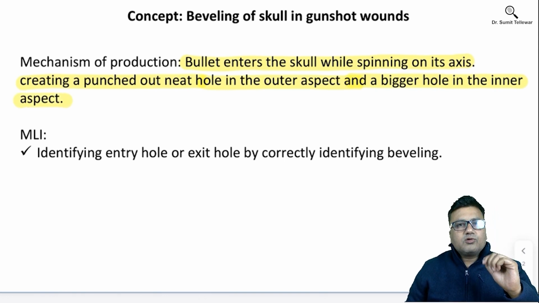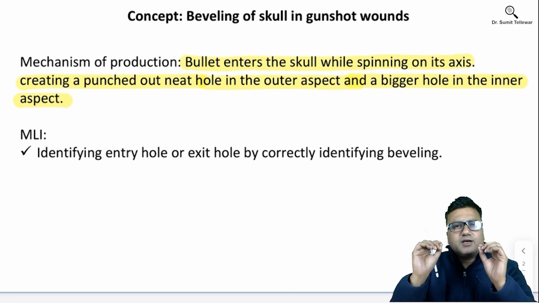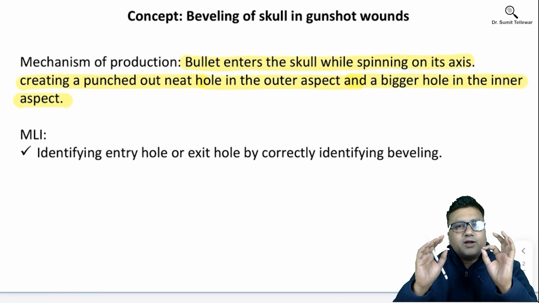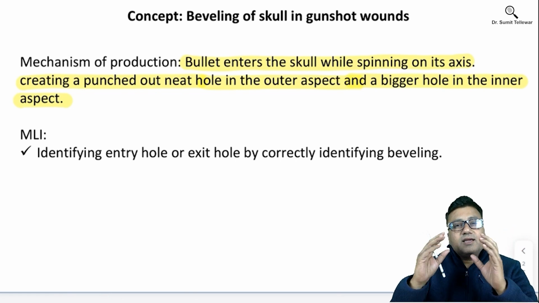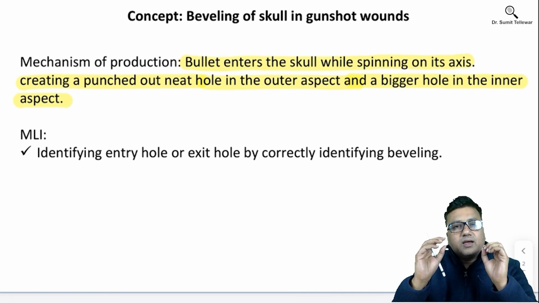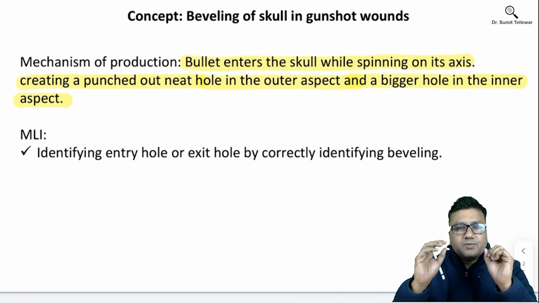Okay, so we can see the skull being a thicker bone जिसके दो डाइपोल हैं. The outer aspect of the skull has a very neat punched out kind of appearance, and the inner hole which is created on the inner aspect of the skull, it is a bigger hole, right?